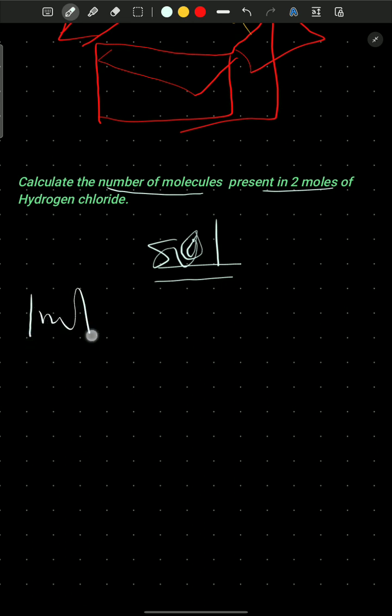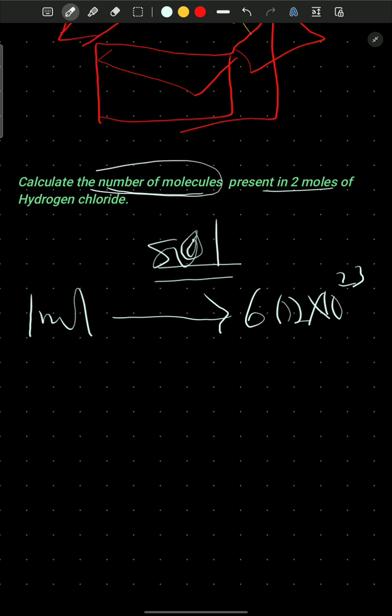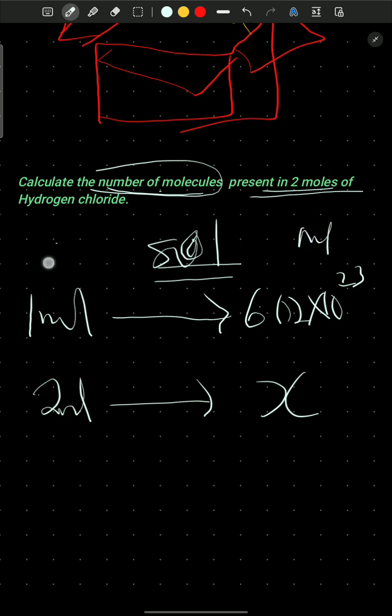So you know that 1 mole of any substance should give you 6.02 times 10 raised to power 23 molecules, or Avogadro's number. But they now say that you should find the number of molecules that will be present in 2 moles. You don't know what 2 mole will give you. This side is for molecule, this side is for mole. Anyhow you want to do it, you can reverse it in the other case. It's still the same thing.